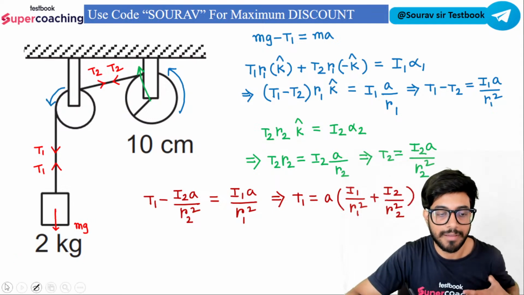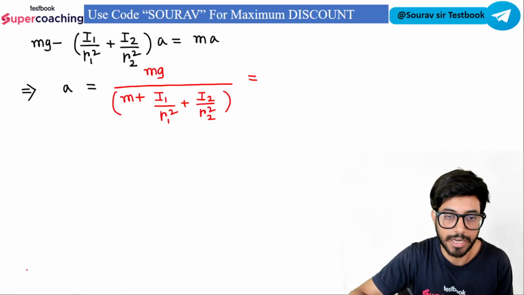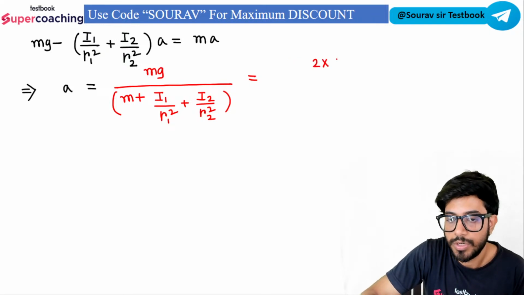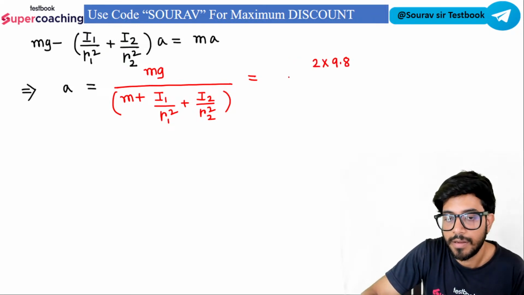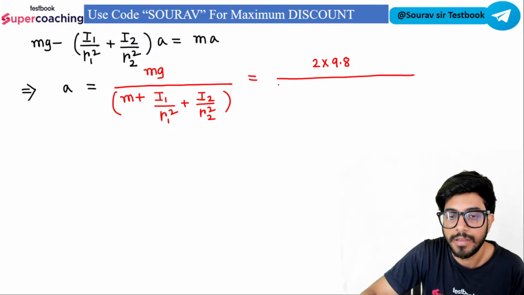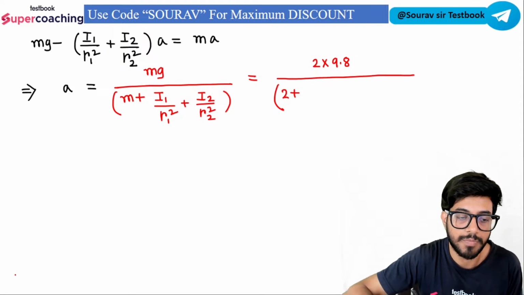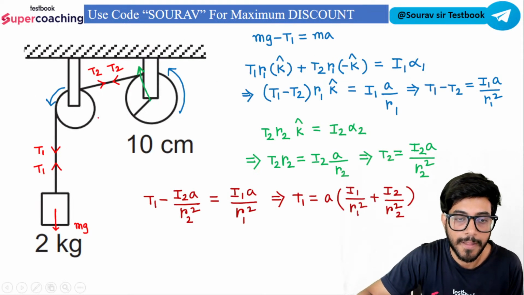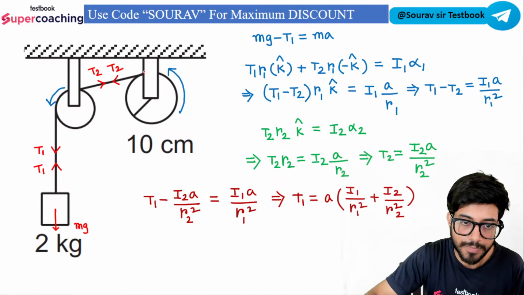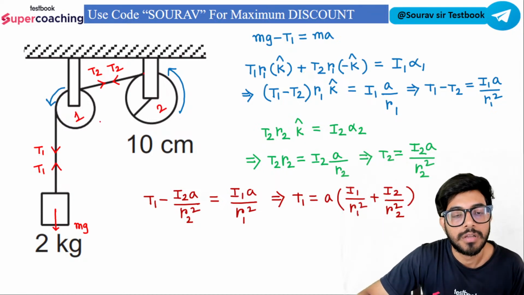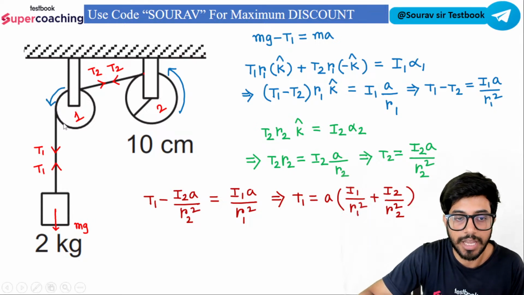So you know the value of m, that is 2, the value of g, that is 9.8. So 2 into 9.8 divided by your small m, again 2, plus the moment of inertia of the small body, the pulley 1. This is pulley number 1, this is pulley number 2. It has a radius r1, then it has a radius r2.